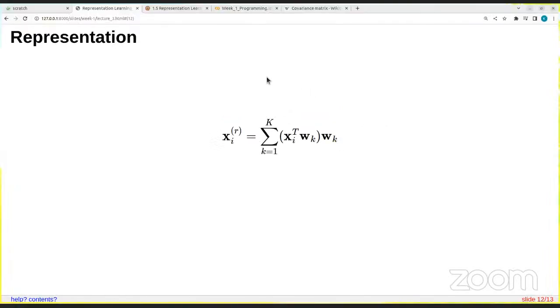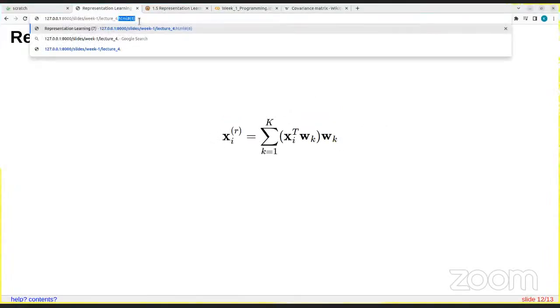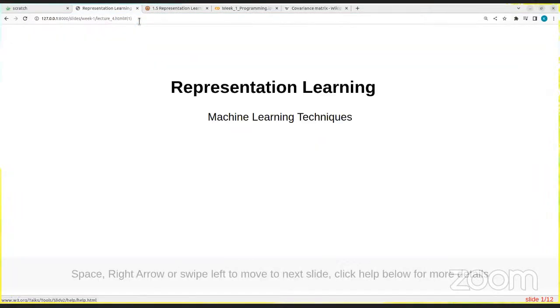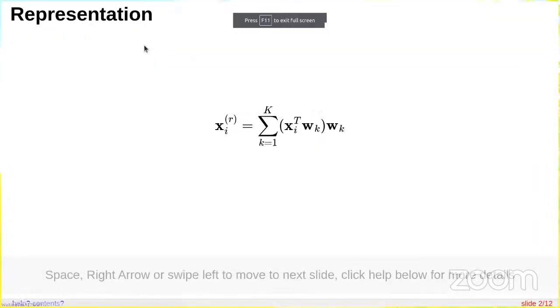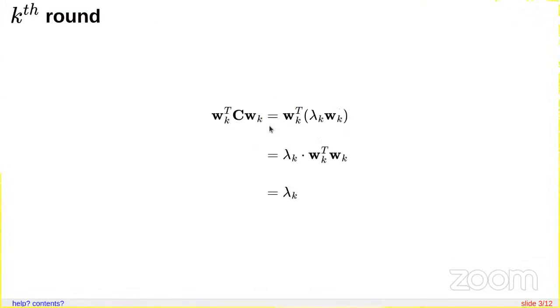Okay, so any other questions? We have one final thing, and then we can move on to the assignment. So once you have this representation along these capital K directions, this is how we tie back to the eigenvalues which we have been mentioning so far.